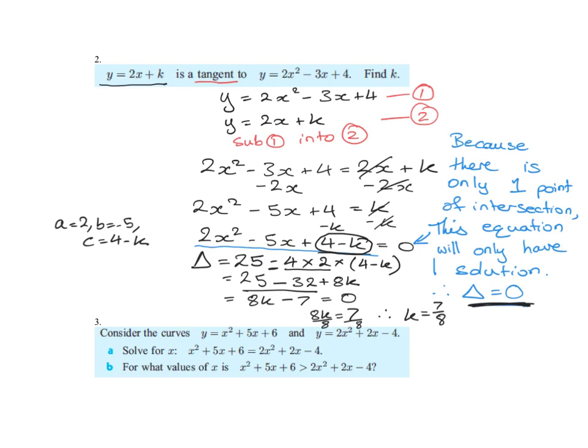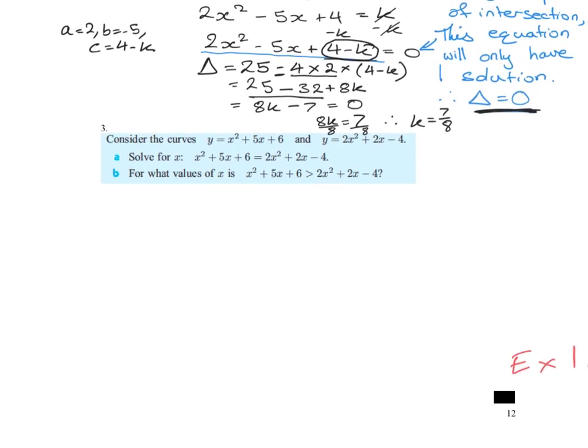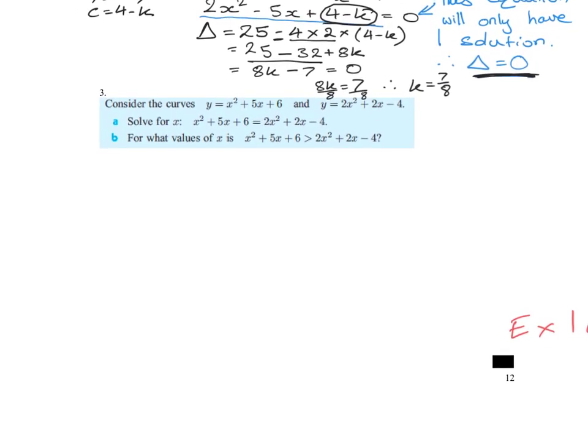Now, girls, I know I have this next question here, but I'd like to do another question that I had mentioned a second ago. Basically, if a question says something like, we'll call this question 4.